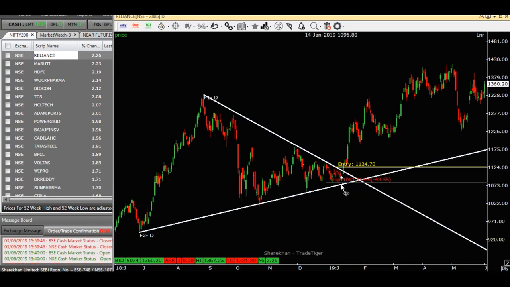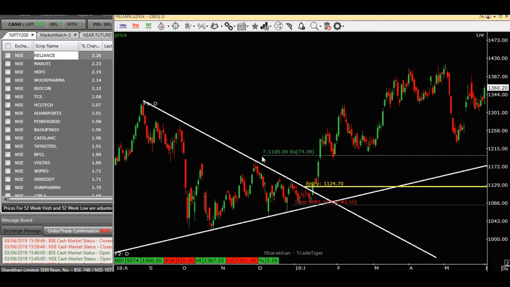Stop loss is towards the opposite end. And my final target I can keep as the high of this triangle here. Right? Or if you want to play the swing highs, so this will be my first target, and this can be my second target here. Okay, so as per your risk appetite, you can play these patterns.